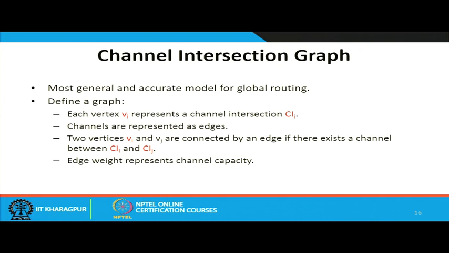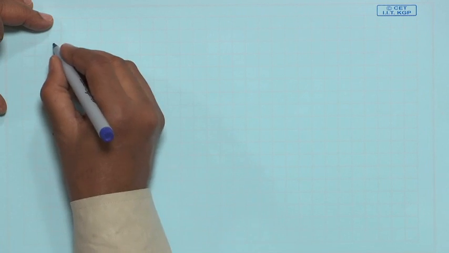Fine. Now, let us come to the representation which is most widely used for global routing, particularly in connection with the standard cell routing problem. So, just to recall, in a standard cell routing problem we have here, let me give two different scenarios.